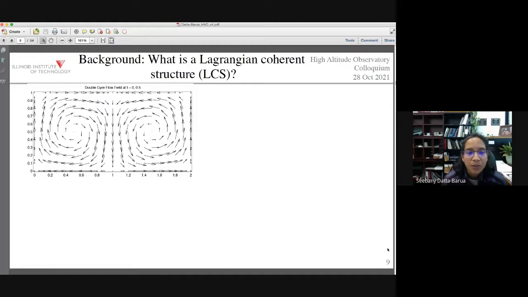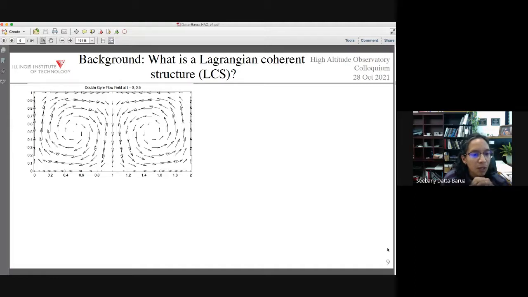I'll start by giving some illustrative examples of an LCS with cartoon flows. On the left, you can see a snapshot of a flow field. This is a double gyre, with two counter-rotating vortices.